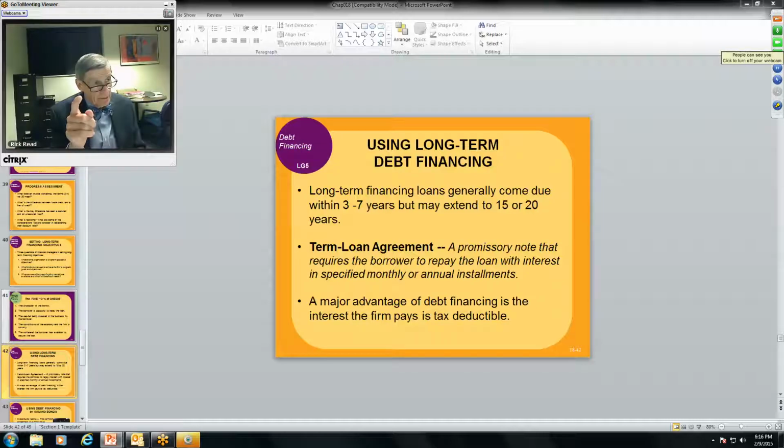Now, I may work this out to paying monthly, like a mortgage, etc. Remember, the interest on debt financing is tax deductible. So that's why a lot of firms, especially big firms, issue bonds, because the interest they pay on the bonds is tax deductible.